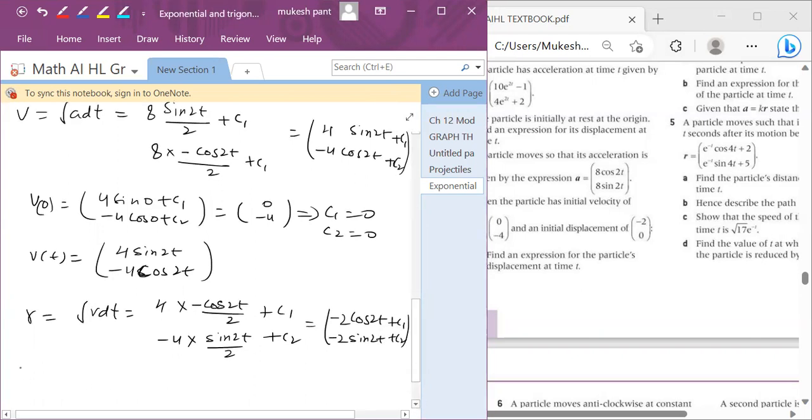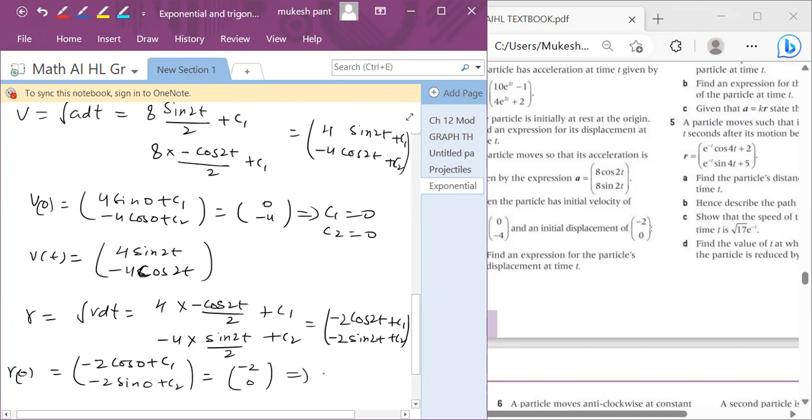Okay, again the initial r0, the initial displacement, is given. So initial displacement means we put t equals 0: minus 2 cos 0 plus c1, minus 2 sine 0 plus c2, and it is given as minus 2, 0, right?